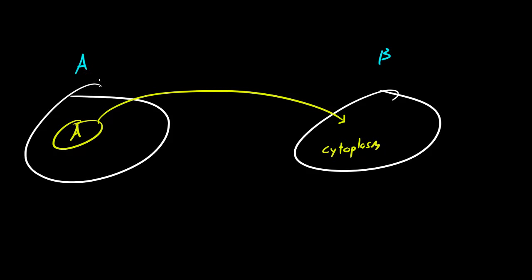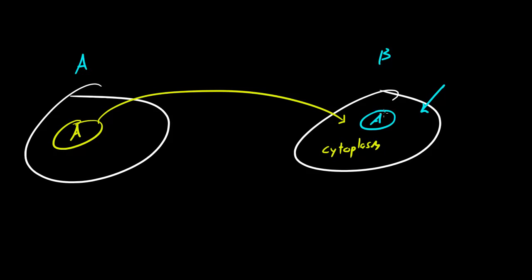So if you were to take the nucleus, we'll say from cell A, and plop it over into the cytoplasm of cell B, the cell B would start behaving according to the instructions from the new nucleus, nucleus A. So no matter what that cell did before, it would start behaving according to whatever nucleus A told it to.